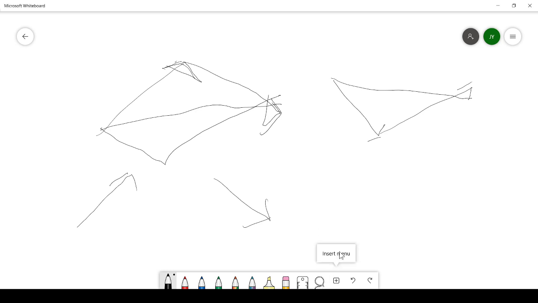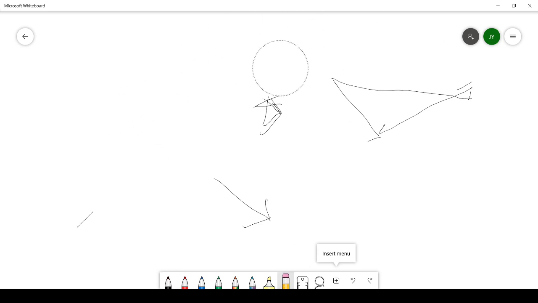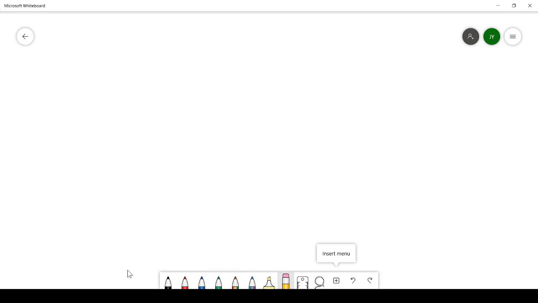Now, when you talk about subtraction, however, there's something different that you need to do. So, what is the negative version of a vector? Let's say we have a vector that heads towards here.